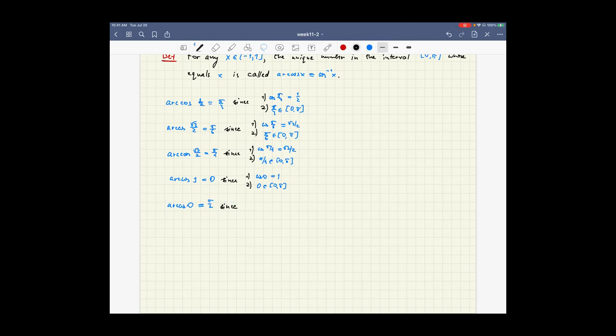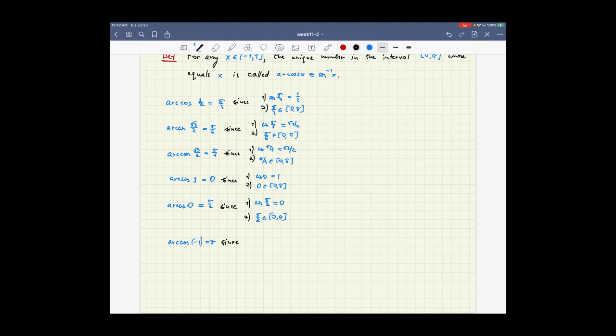That is because cosine of pi over 2 is 0, and pi over 2 belongs to the interval 0, pi. And likewise, arc cosine of -1 is pi.